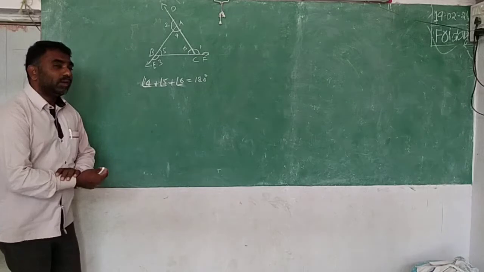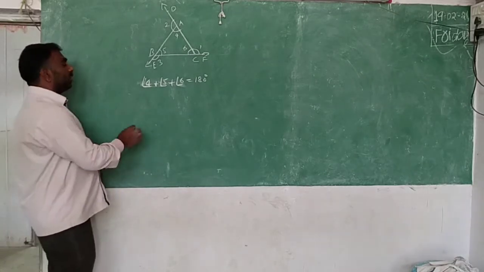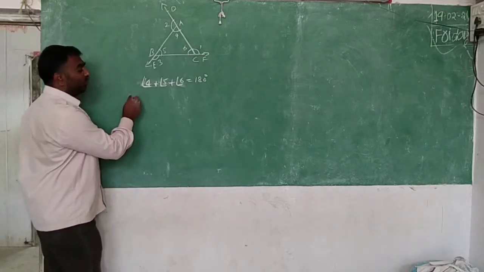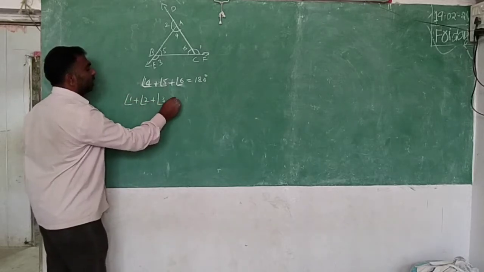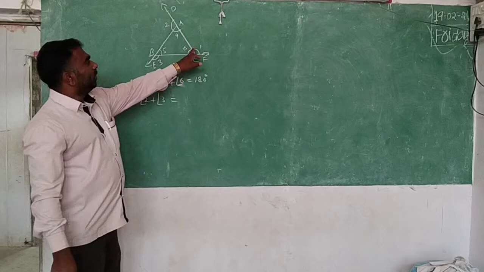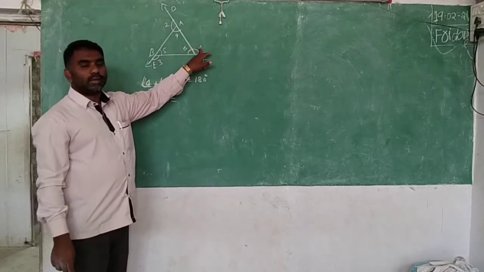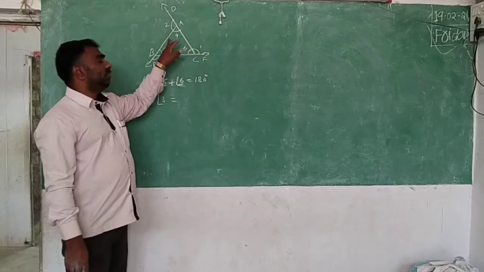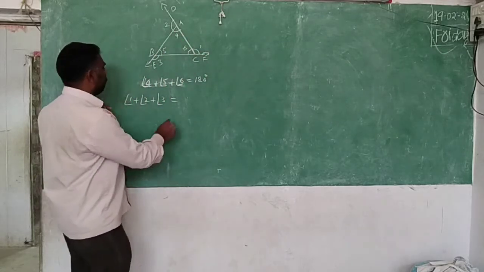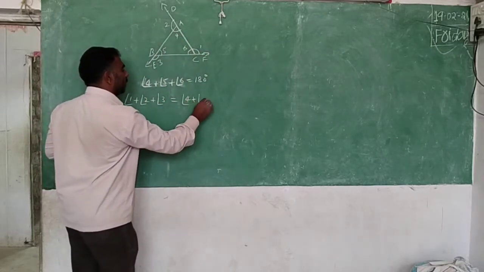Now what are you going to find? Sum of the exterior angles. Which are the exterior angles? 1 plus 2 plus 3. How do you get the 1? By adding 5 and 4. So instead of that, can I write 4 plus 5?